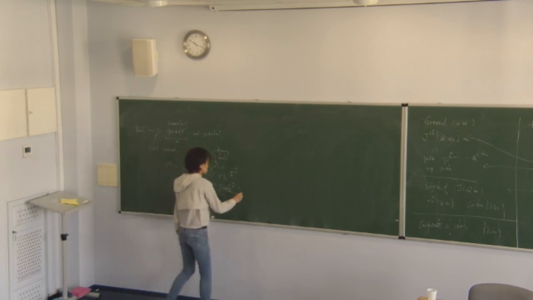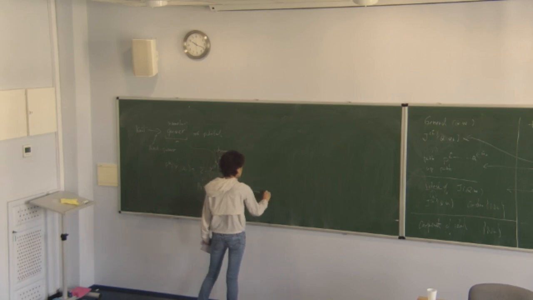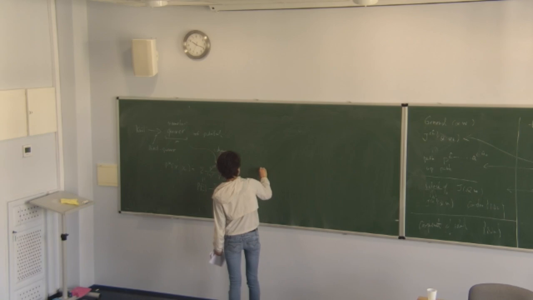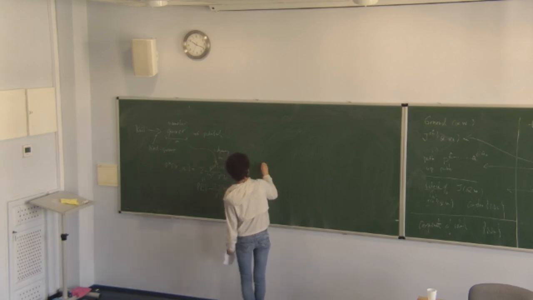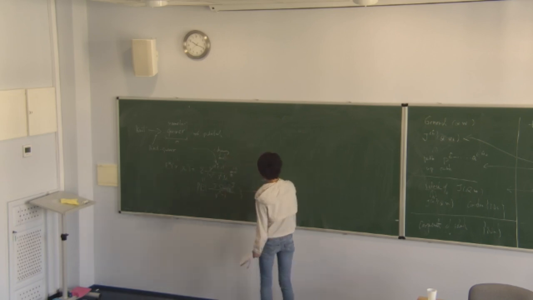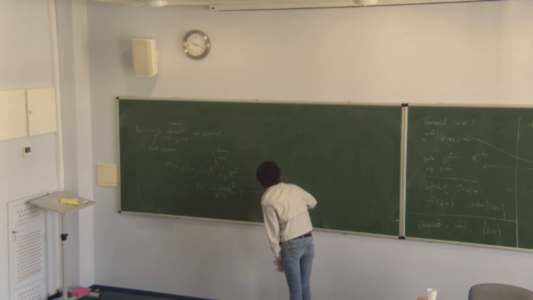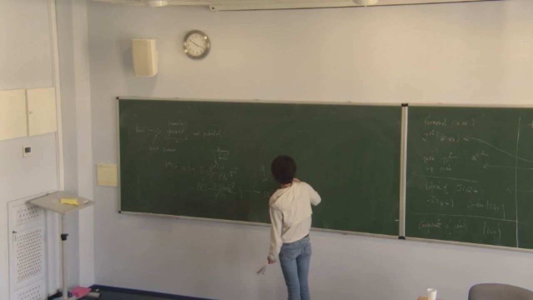Now you translate this into the generating function for the representation given by this simplest framing. The translation is the following. D is this dimension vector for the framed vertex here.